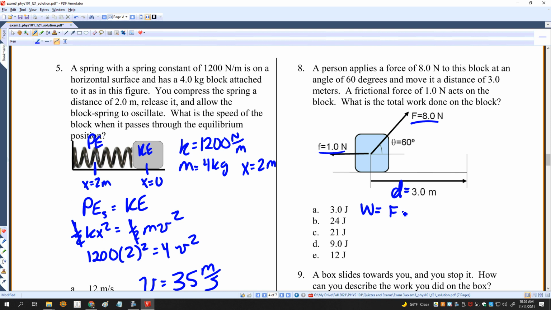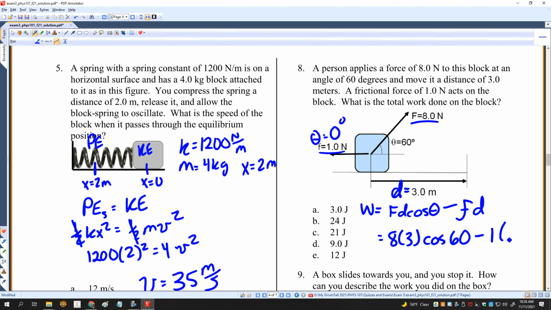I have F d cosine theta minus F d. I'm going to leave off the theta for friction because there theta equals 0 and cosine of 0 is 1. So it's going to be 8 times 3 cosine of 60 minus 1 times 3. That's 12 minus 3, or 9 joules.